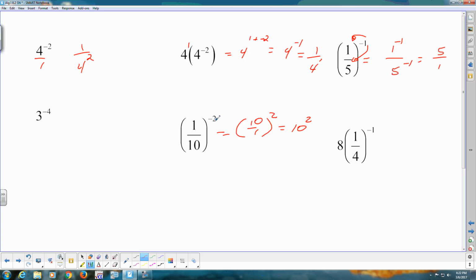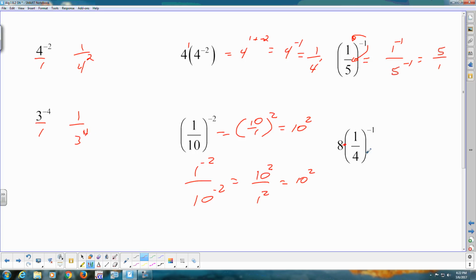If that's a little too fast for you, let me distribute it in. 1 to the negative 2, 10 to the negative 2. And I said if it is upstairs with the negative exponent, take it downstairs. If it's downstairs with the negative exponent, take it upstairs, which is 10 squared. That's upstairs. Take it downstairs and make the exponent positive.